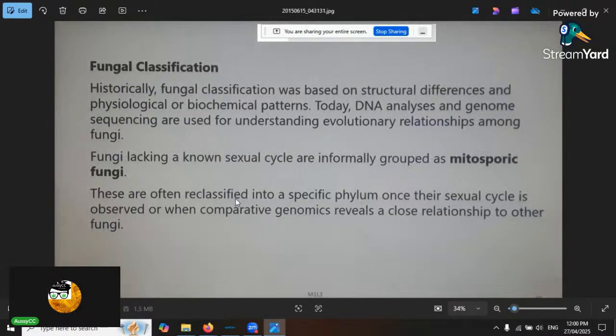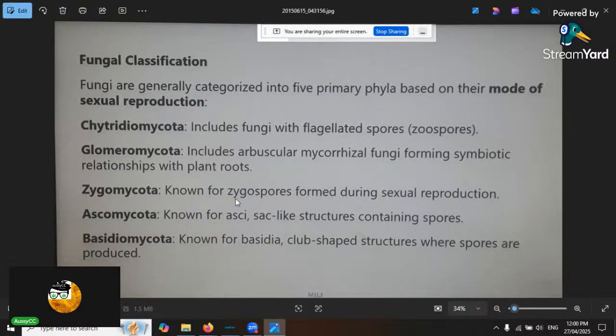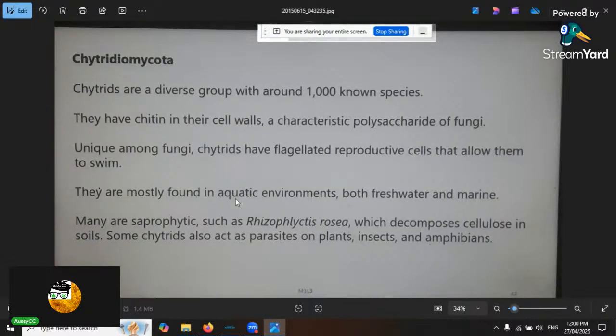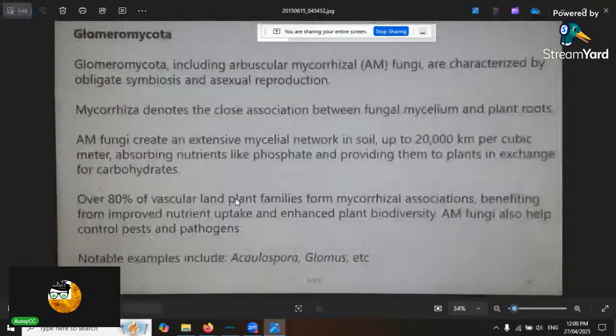Glomus, Acaulospora. That's what I need in my diet.